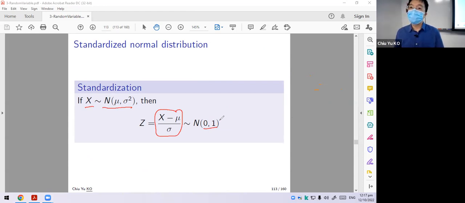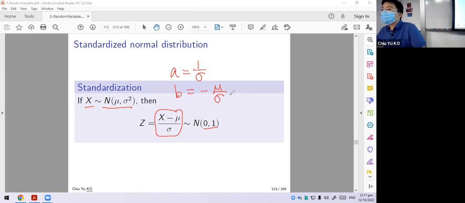If you don't believe it, you can use the last expression: a is just 1 over sigma, and b is just negative mu over sigma. You put that into the previous page, and that is what you get. Look at your slide and check whether I'm right or wrong.